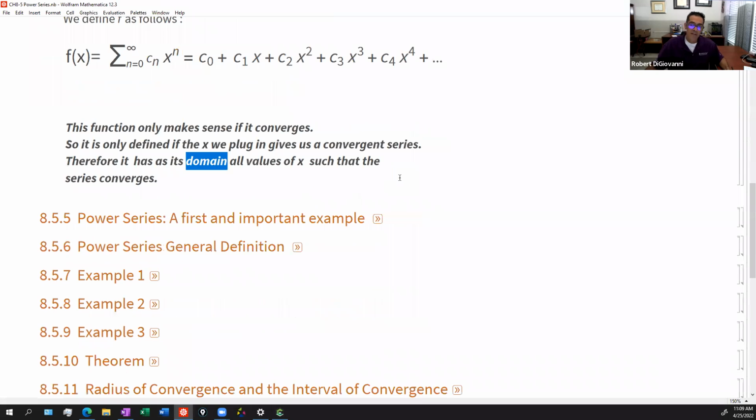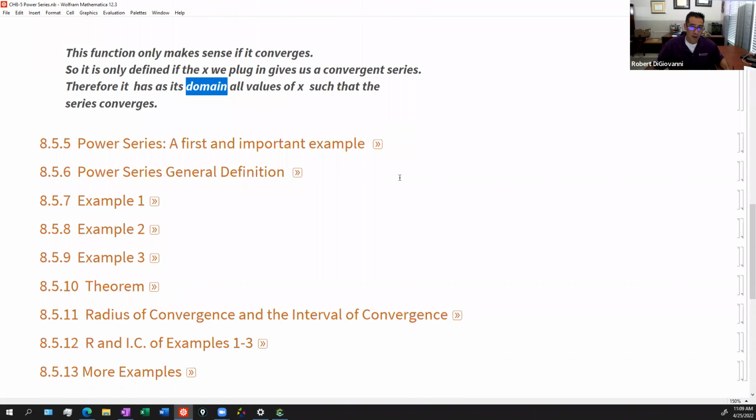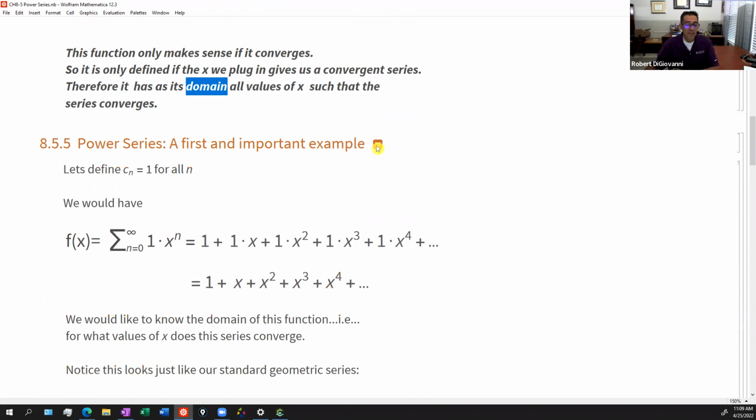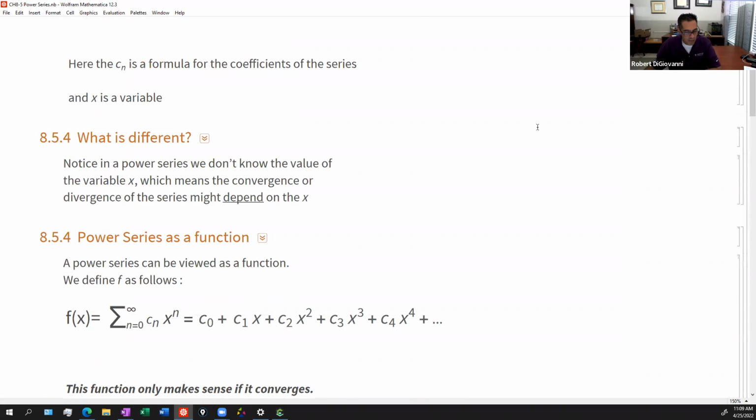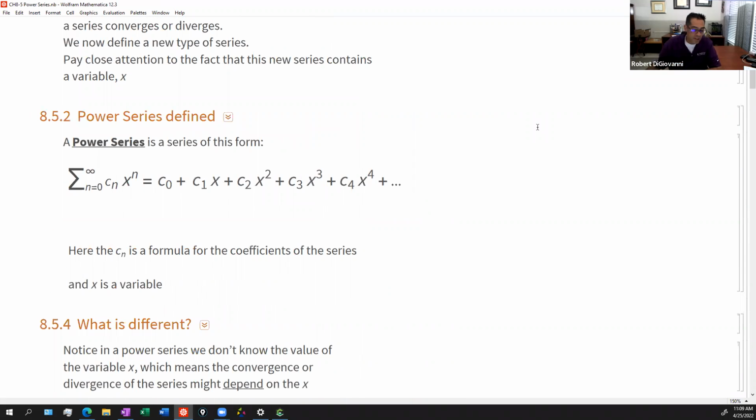So let's look at a first important example, because it's always great to start with examples. All right, so let's define a power series. Now, sorry, I'm going to go back up here. All power series have to look like this, right? The only thing that differentiates one power series from another, and this is a very important but subtle point, is this.